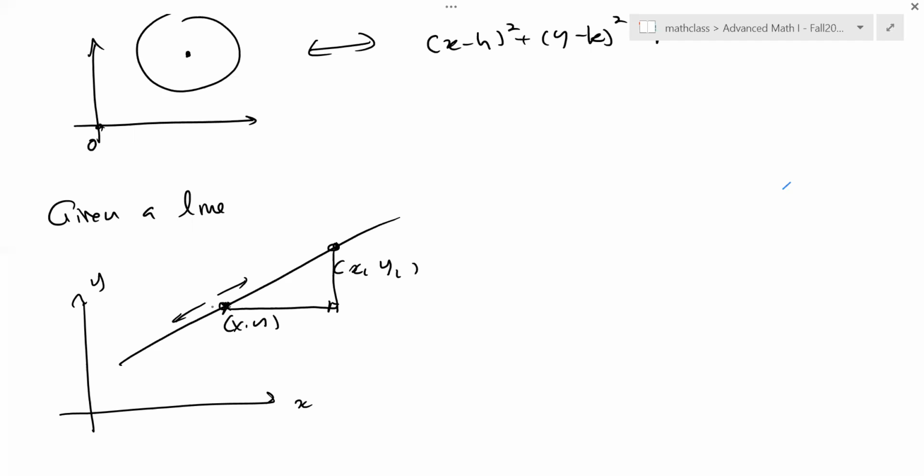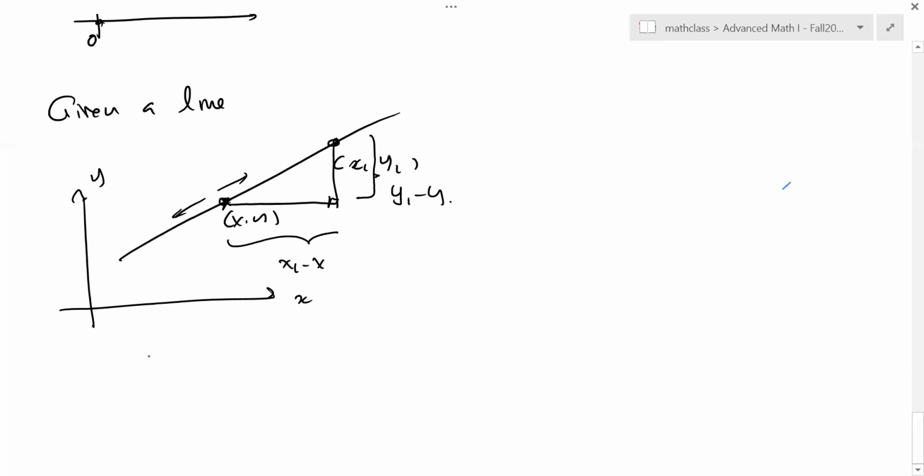So the ratio will not be changed. So this will be x1 minus x, this will be y1 minus y, the difference, okay? So this ratio remains unchanged. I can switch the order: y minus y1 over x minus x1 is the same as y1 minus y over x1 minus x, right? And this ratio is going to be a constant.